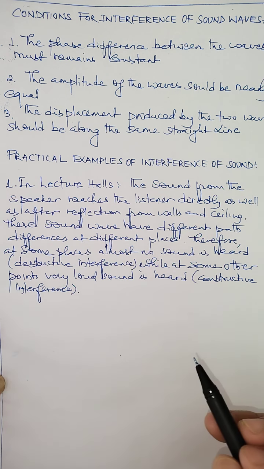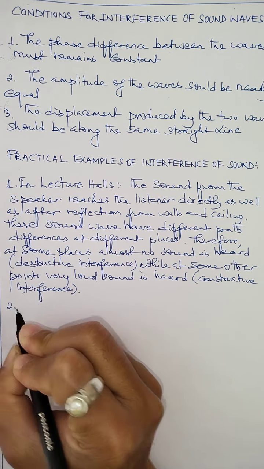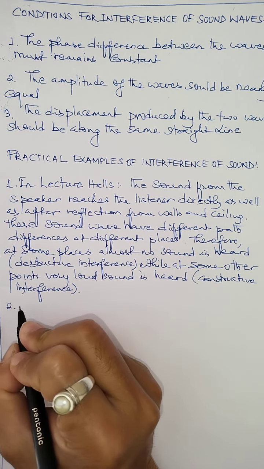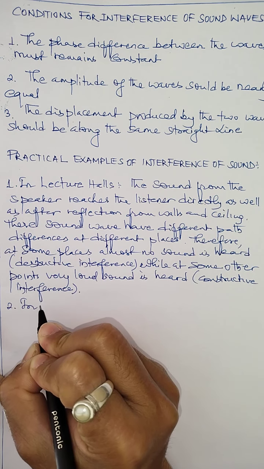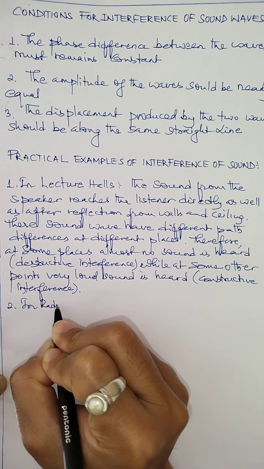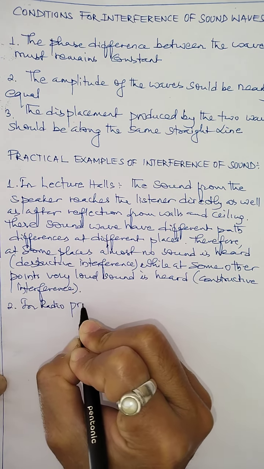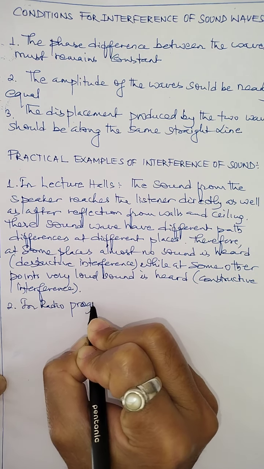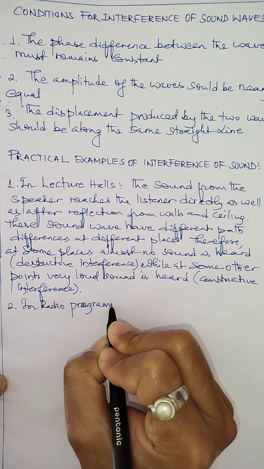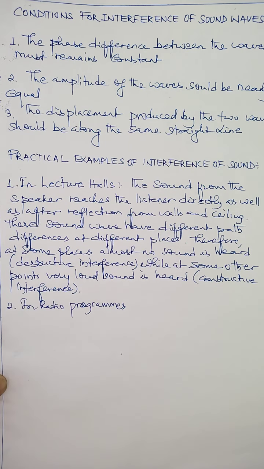Now, other than this lecture hall example, we have another example of interference of sound, and this is in radio programs. In radio programs also, interference of sound can be observed.